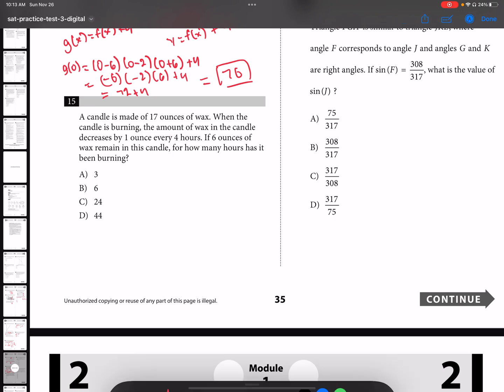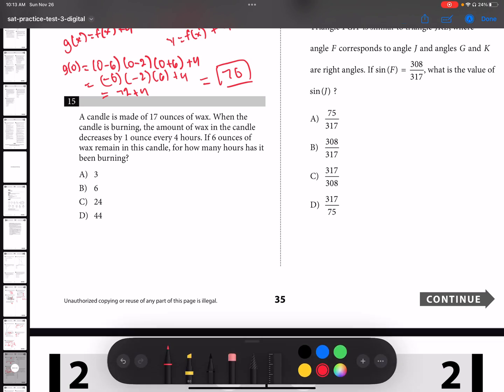Okay, 15. A candle is made of 17 ounces of wax. When the candle is burning, the amount of wax in the candle decreases by 1 ounce every 4 hours. If 6 ounces of wax is remaining, how many hours has it been burning? It's given that the candle starts at 17 ounces of wax and has 6 ounces of wax remaining after that period of time passes.